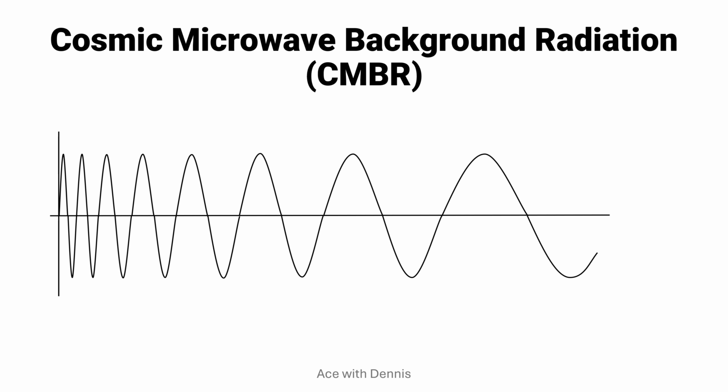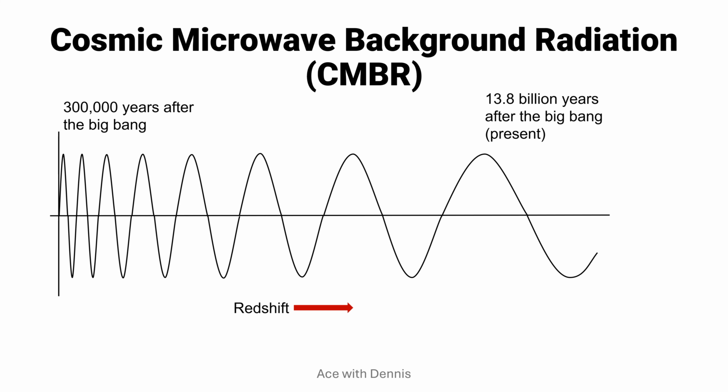This is how the cosmic waveform looked. At the beginning of the waveform, it is the waveform 300,000 years after the Big Bang. As you can see from here, this waveform has short wavelength. After redshift for over 13.8 billion years after the Big Bang, which is the present, the wave has changed to larger wavelength.